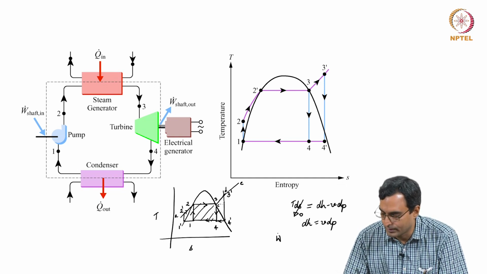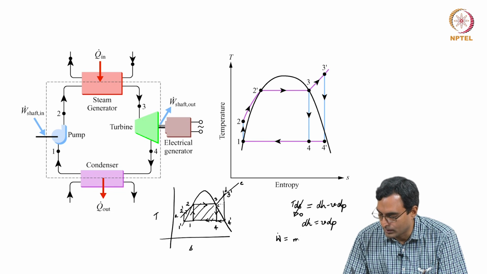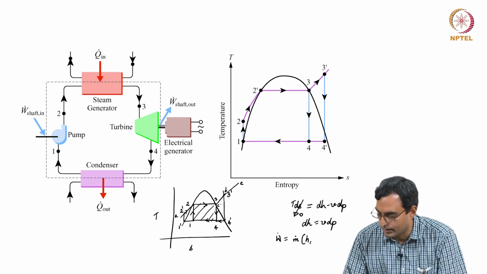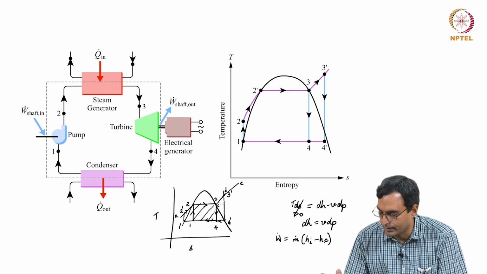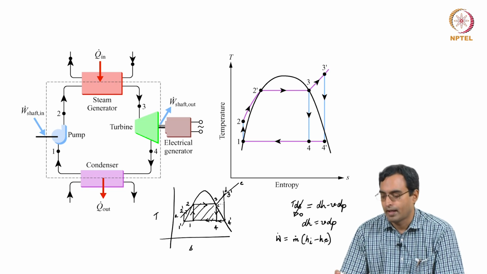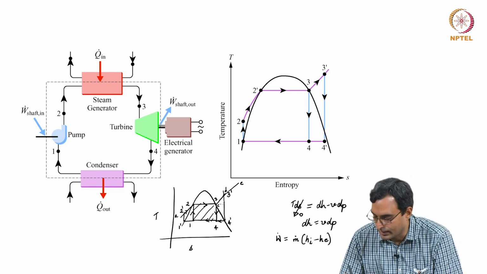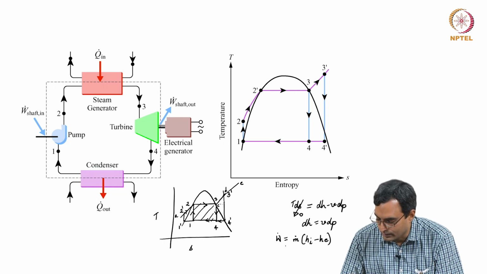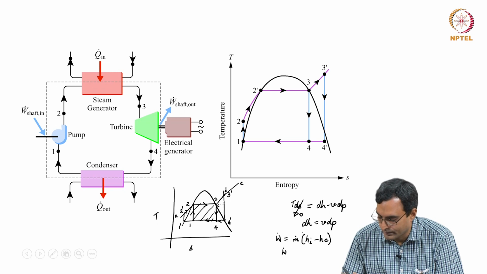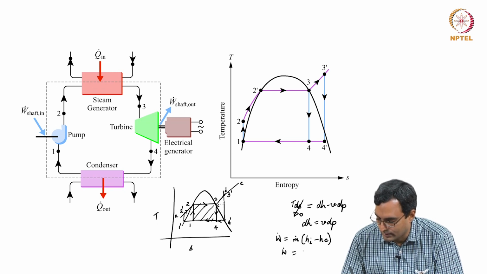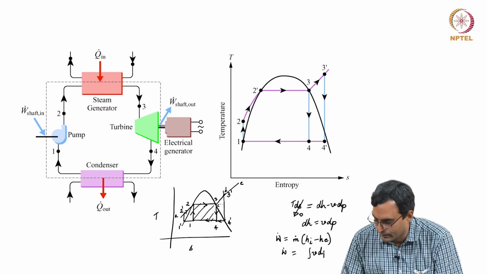So, we are left with W dot is equal to m dot into the enthalpy at the inlet minus enthalpy at the outlet, and we discussed that essentially you can get the work done as the integral of VdP.